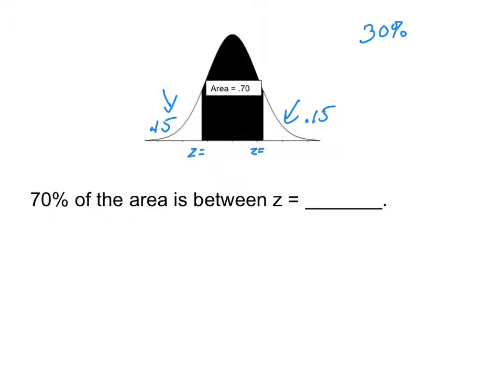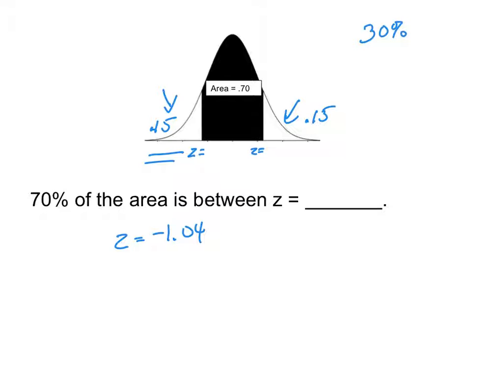If I find the z-score for this area here, I inverse norm 0.15, and that gives me a z-score of negative 1.04.